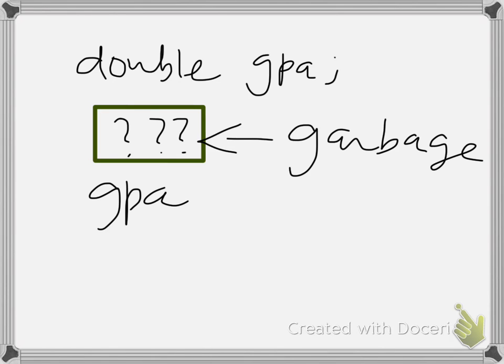Okay, so that's the floating point numbers. An example of a floating point number could be GPA, say 3.4, etc.